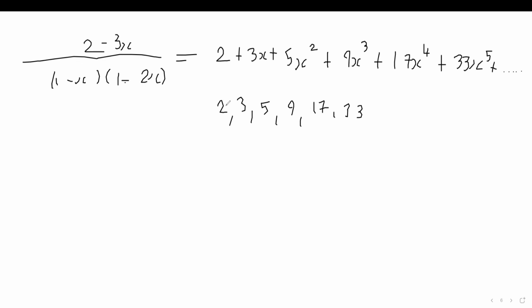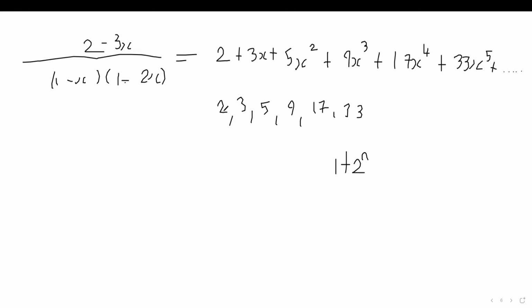This is 2 to the n, but something is missing. Let me see. 2 to the n gives you the 32. This is 1 plus 2 to the n. Let's see. When n is 0, 2 to the 0 is 1. No, we're supposed to get 2.